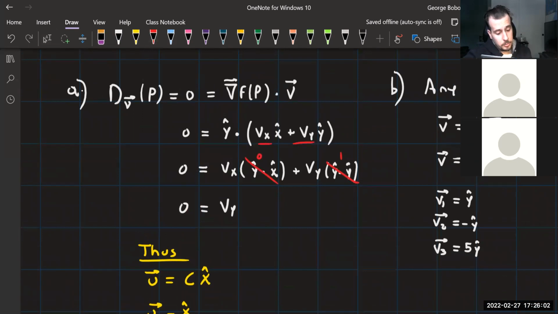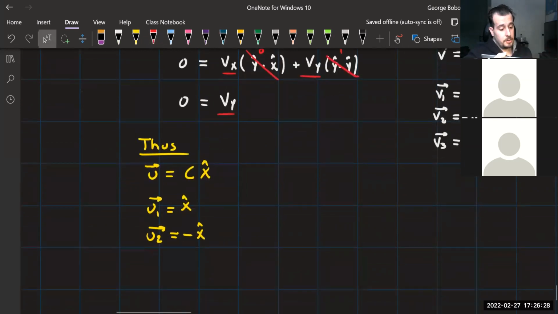But Vx doesn't ever get a chance to participate because this dot product went to 0. Vy does, it stays behind. So we get a constraint on Vy. It's like linear algebra where you have 3 unknowns but only 2 equations, and you get a set of solutions. Remember, you don't get one solution in linear algebra, you get a set.